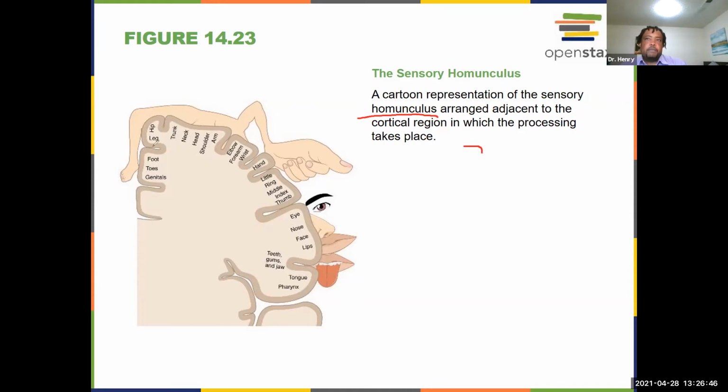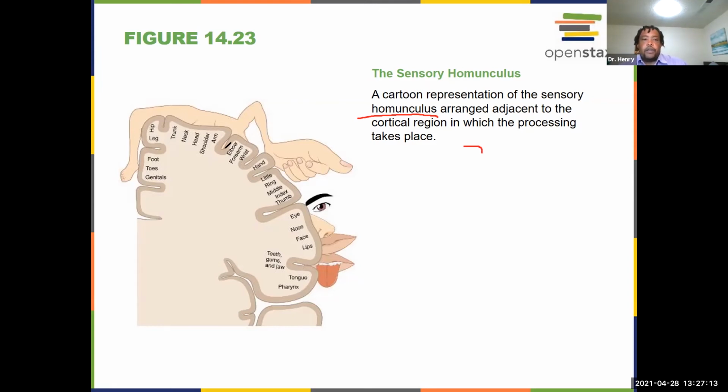My toes, my feet, my hips, my legs, it's going to fall within this region. My trunk, the neck, the shoulders, the arms, it's all going to fall here. Okay, so that's where the processing for those events or those pain or touch sensations are going to come from. That's where all that processing is, well, being delivered to, not come from, but being delivered to.